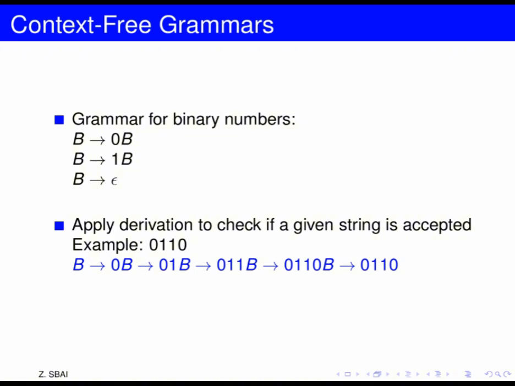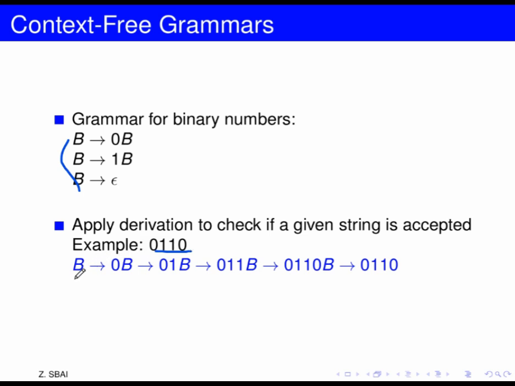We will apply derivation to check if some string is accepted by this grammar. Let's take, for example, the string 0110. Here we can apply the rules. These rules will be applied to show that this string is correct, it's a binary number.